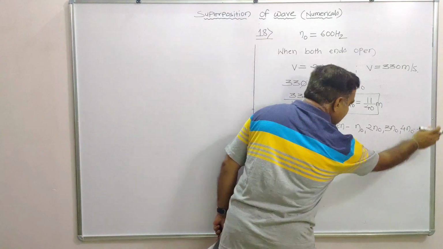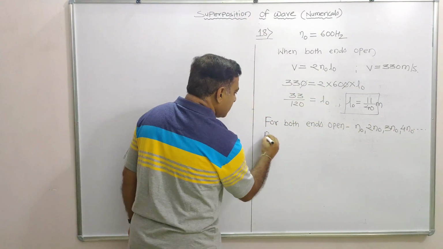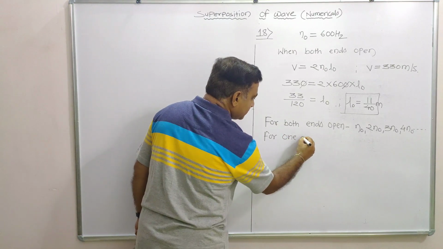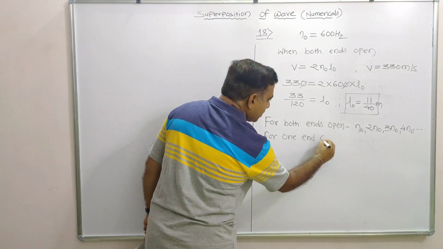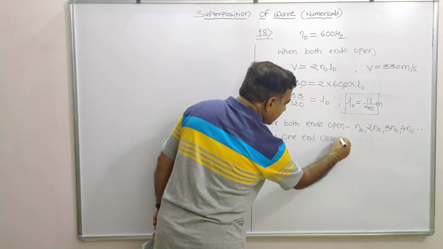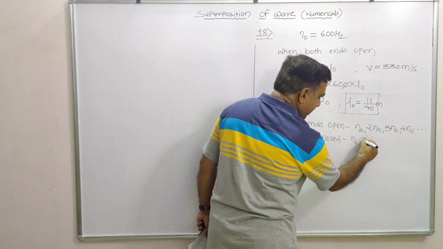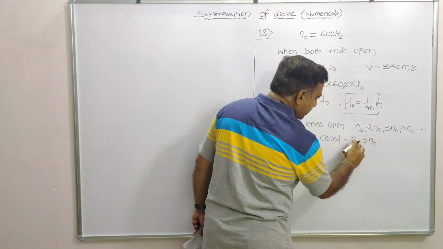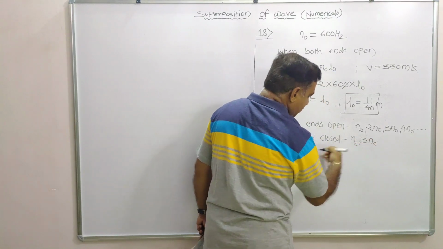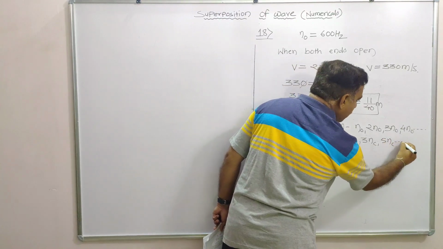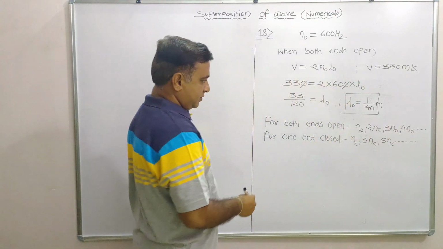That means even as well as odd harmonics are present. For one end closed, I'm going to write NC for the closed end: NC, 3NC, 5NC. Only odd harmonics are present.